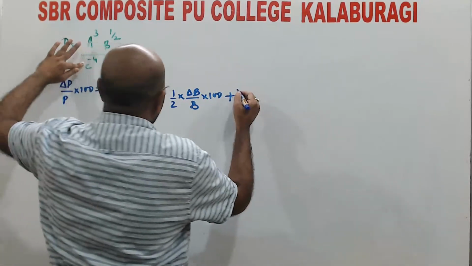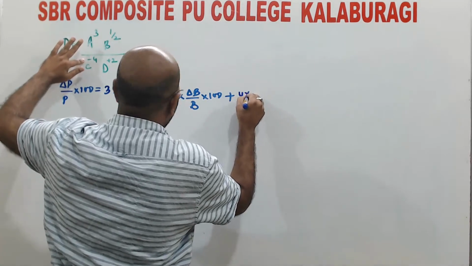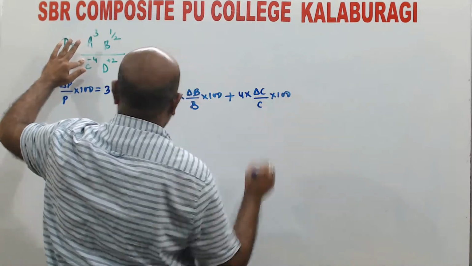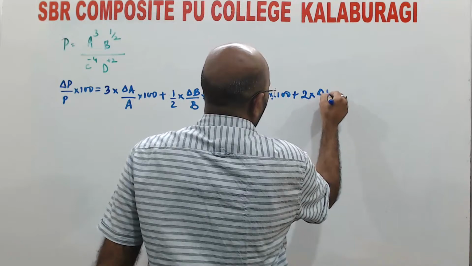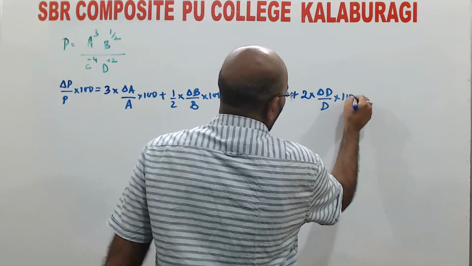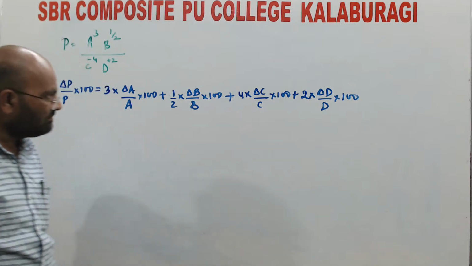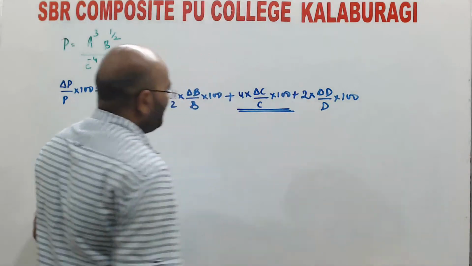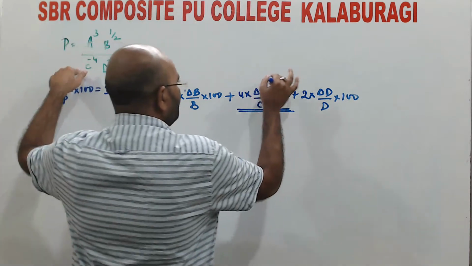In errors, the negative sign will be eliminated. So this is 4 into delta C by C into 100, then plus 2 into delta D by D into 100. Look at this: the maximum power gives the maximum error, which is this one. So the answer will be C. The maximum percentage error can be found in C only.